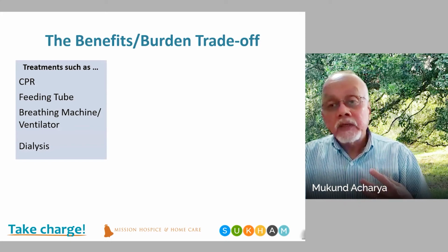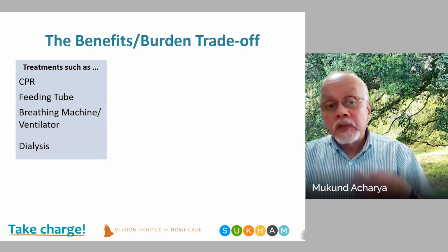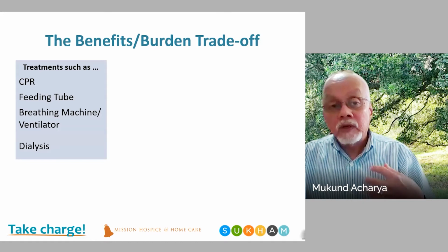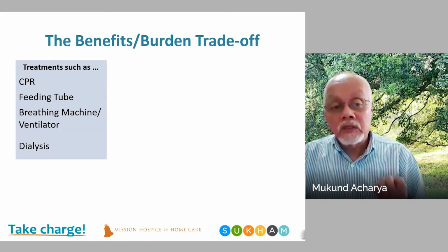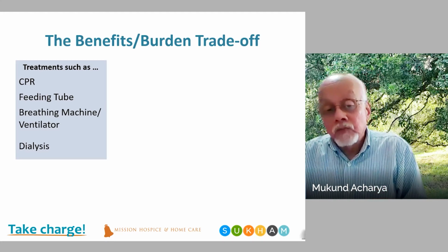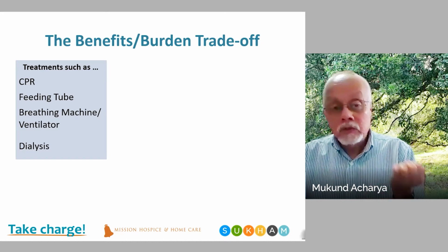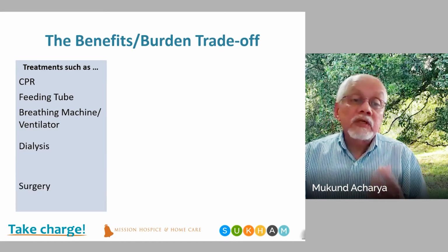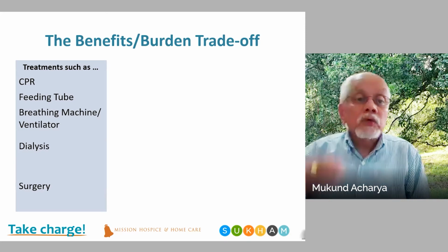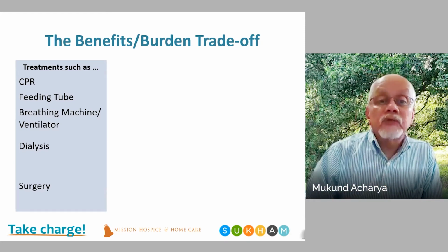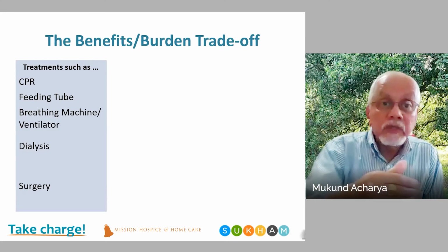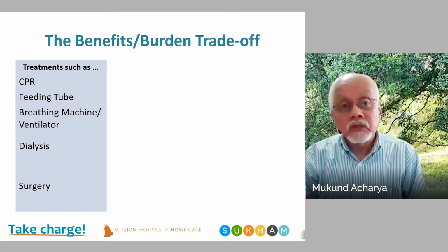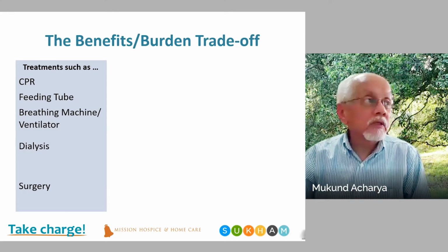Dialysis, frequently when there are complex things happening in the body, when the organs start to have distress, the kidney is the one that starts to suffer more. And then there's an option to do dialysis as an intervention, right? And then surgical interventions are pretty common. So here are a few examples of treatments that might be the ones that are being considered for a particular person.